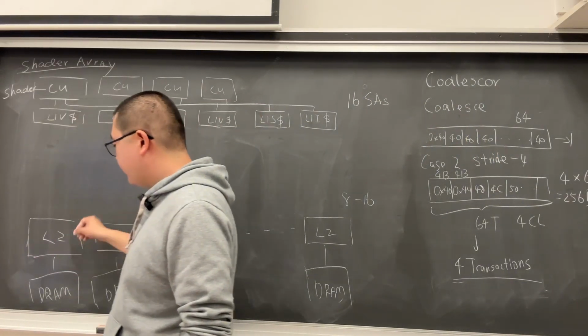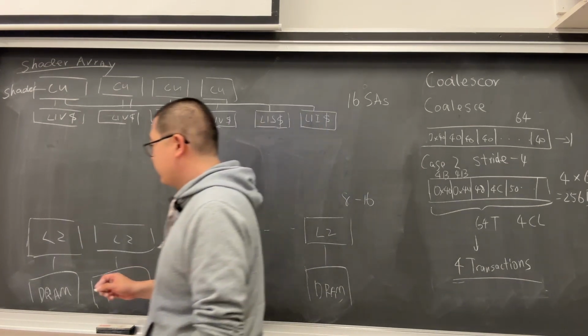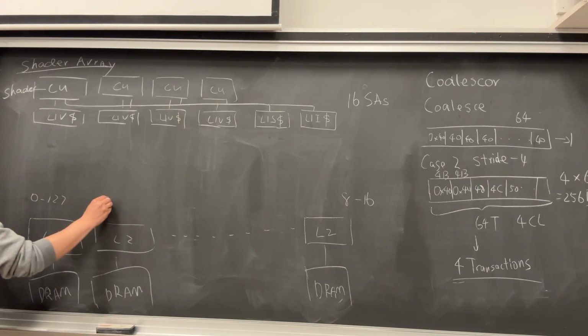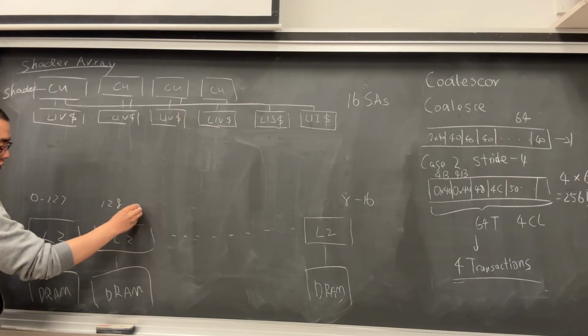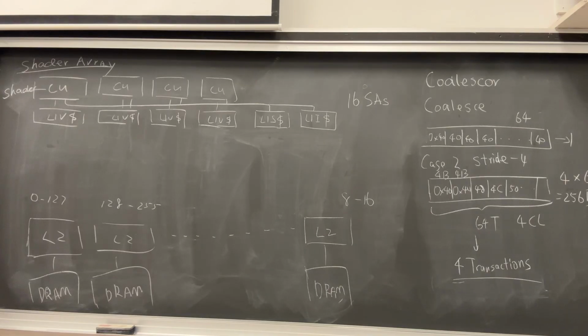We allocate the address range in an interleaved way. Let's say if this has the address of 0 to 127, either two 64-byte cache lines, or one 128-byte cache line. Then this one will have the address of 128 to 255, and so on.